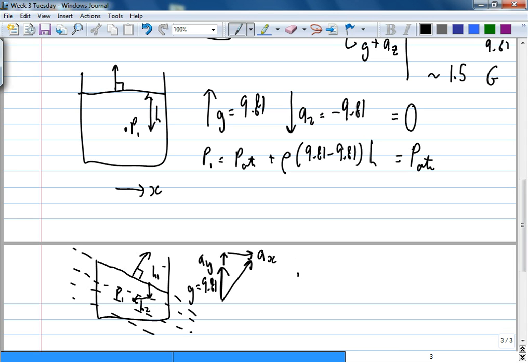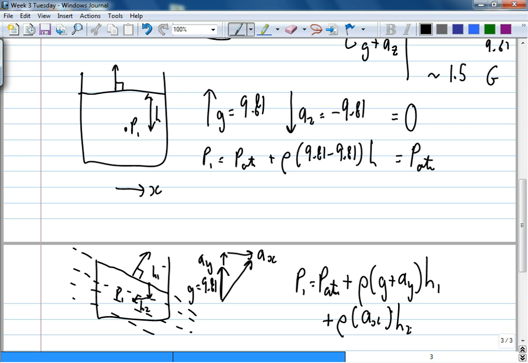So, P1 is equal to PATM plus rho (G plus AY) H1 plus rho, no G here, sorry, AX H2. Okay or not? Alright?